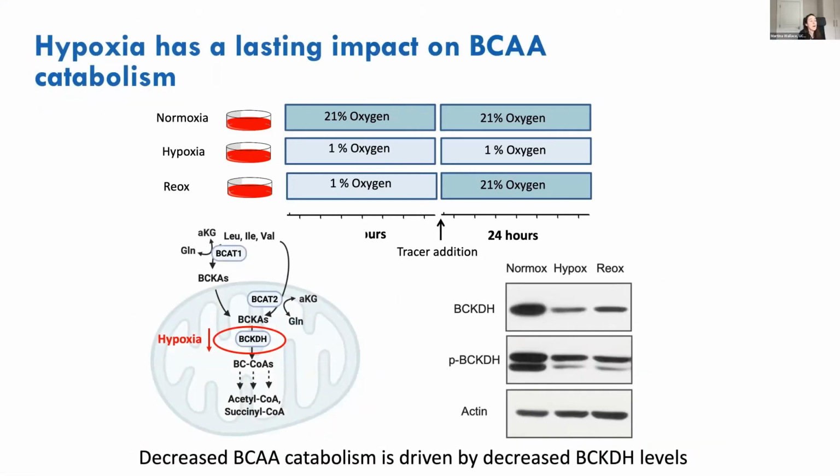And then finally, we wanted to identify what the main node in the branched-chain amino acid pathway was that was causing this. So we looked at BCKDH, which is the rate-limiting enzyme in the breakdown of branched-chain amino acids, and we found that levels of this enzyme were decreased in hypoxia and that they failed to recover with reoxygenation.